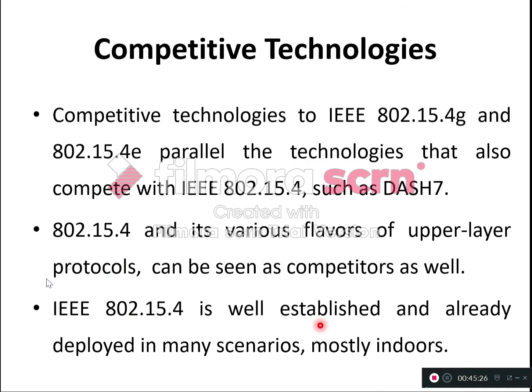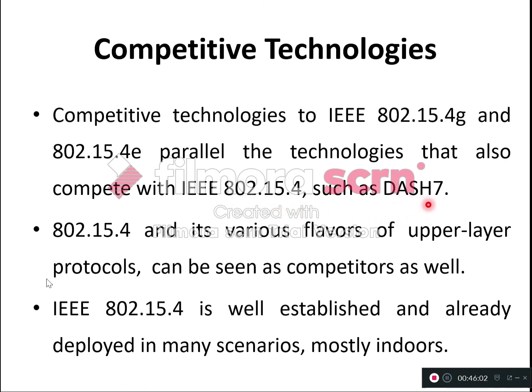Then the competitive technologies for 802.15.4G. The competitive technologies for G and E parallel the technologies that also compete with 802.15.4. That means the competitive technologies for this G and E version of the 802.15.4 standard are the same as the competitive technologies for 802.15.4, such as Dash7, right?